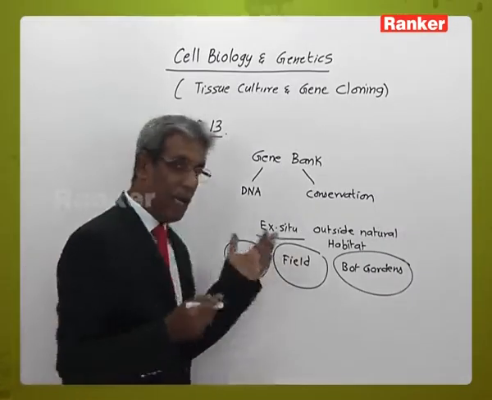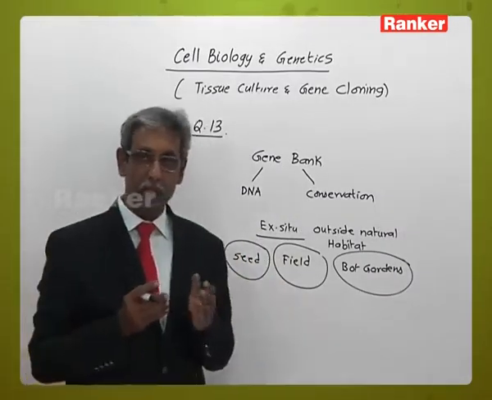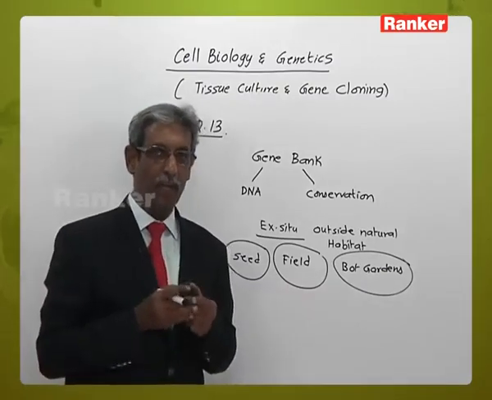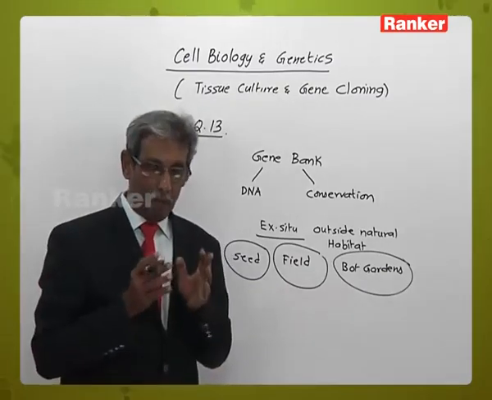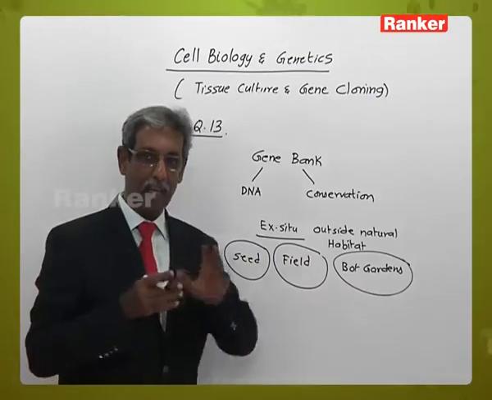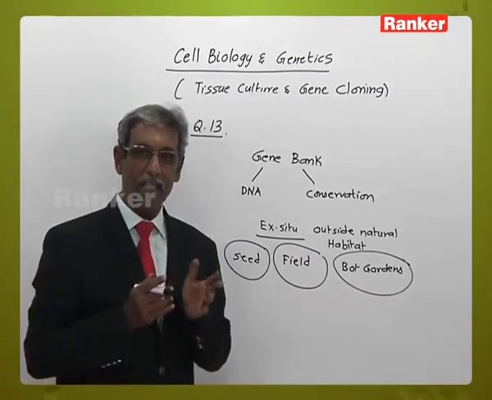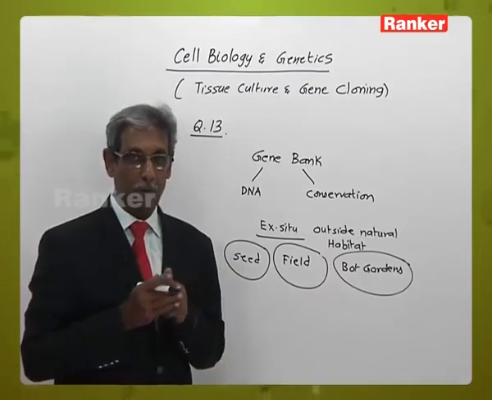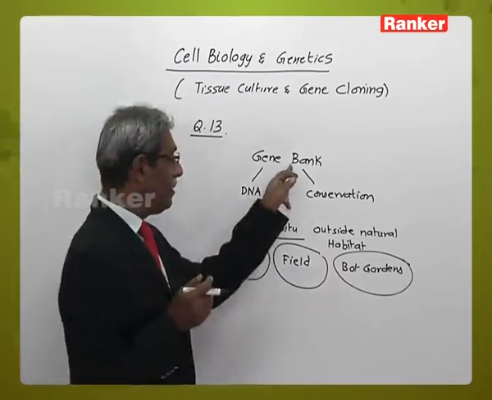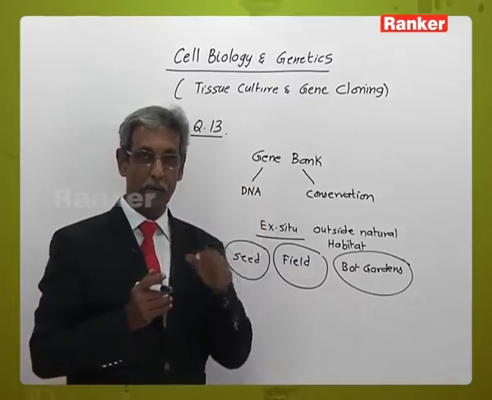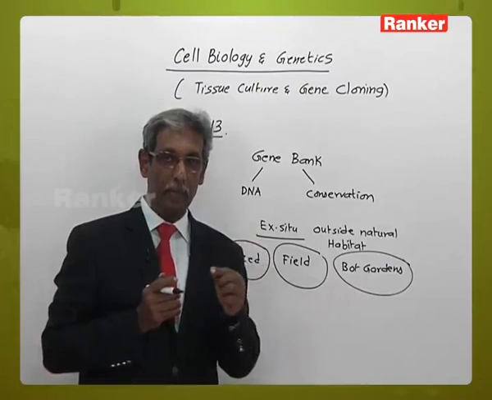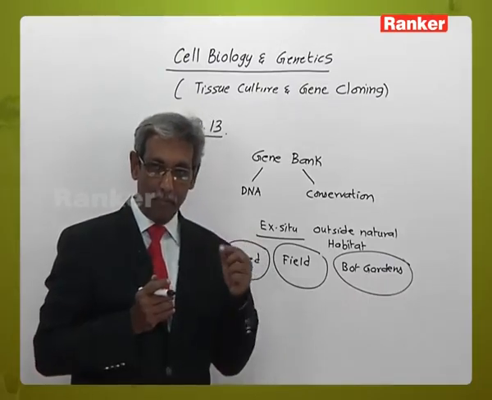Whereas, in situ conservation relates to in the habitat. Like if you take a sanctuary or a protected area, if a plant or an animal is present there in its own habitat, it is termed in situ conservation. Old adaptive varieties cannot constitute a gene bank, because the objective of a gene bank is to conserve the DNA and utilize it for any other useful purpose at a later period of time.